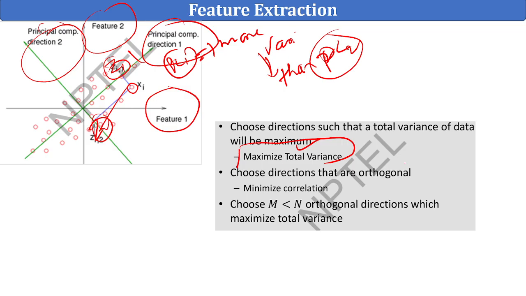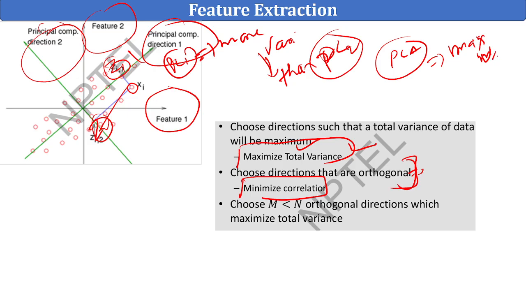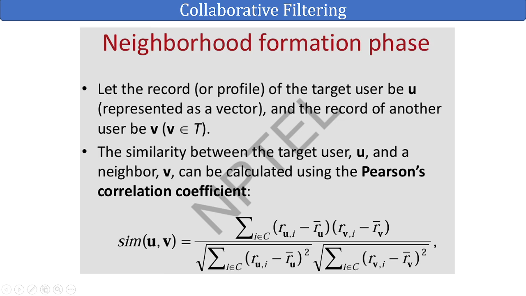Choose directions that are orthogonal, so the condition is that both vectors or both features should be orthogonal. It means variance will be the maximum, but the correlation should be minimum. So if someone asks what is the principle of PCA, we should get maximum variance, minimum correlation.